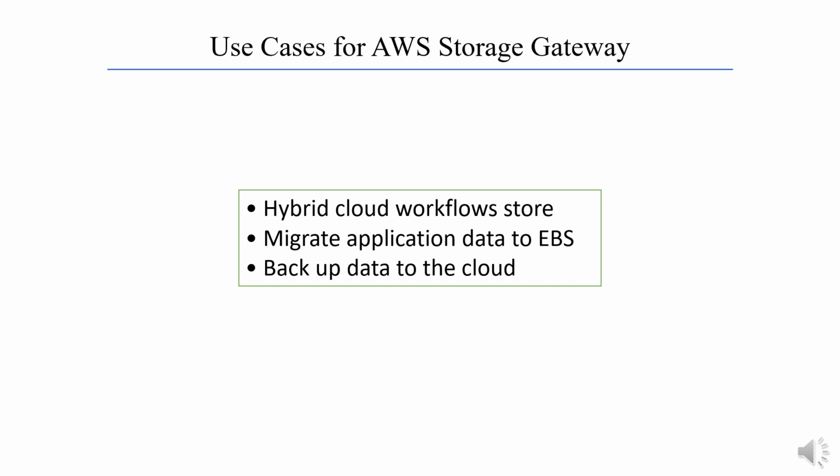Use a snapshot of your on-premises volumes to recreate the data on EBS and use with Amazon EC2-based applications. Backup data to the cloud. Provide cloud-based backup for on-premises files and database applications for low-cost, virtually unlimited scale.